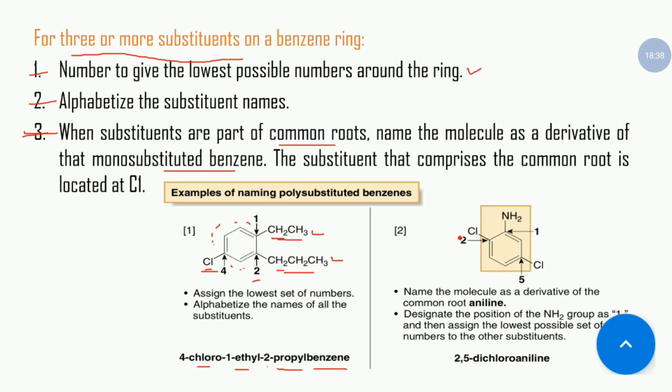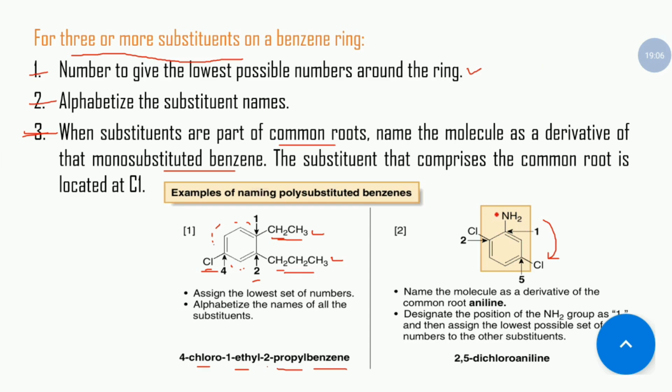Okay, another example with this one, the common root. Here again it's a benzene ring, so here are three substituents. Here is an NH2 group, here is chlorine, another chlorine is there. You just number the substituents, all the substituents. Here is 1 2 3 4 5 6, so on this side the numbering is reaching the sixth position.